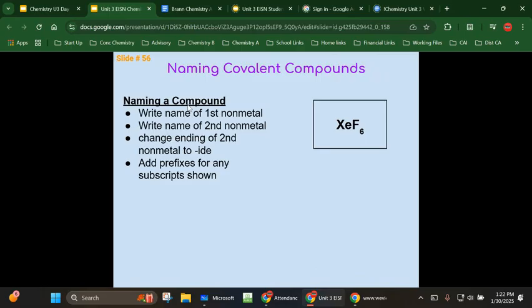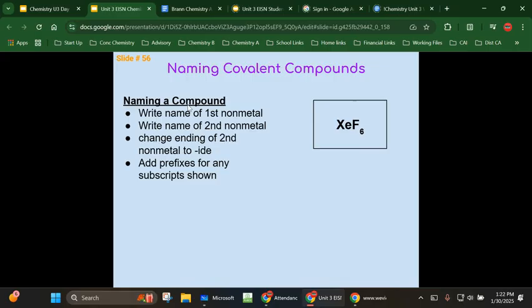XeF6. Xenon hexafluoride. Is he right? Yes? Good.